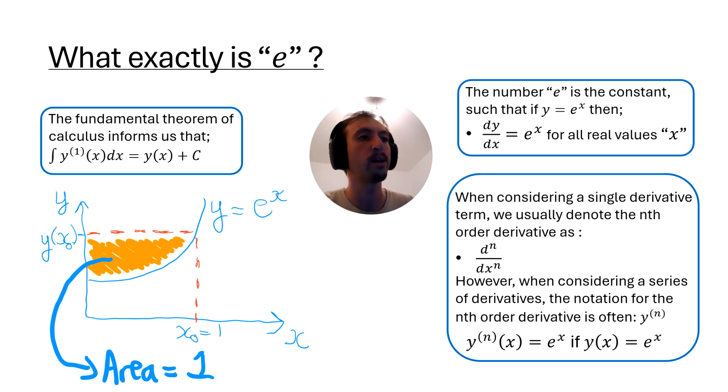So e is the number such that e to the x forms this area bounded with the y-axis and a curve, and the orange area will equal 1 for our special constant, or Euler constant e. So those are different geometrical ways to think about e.